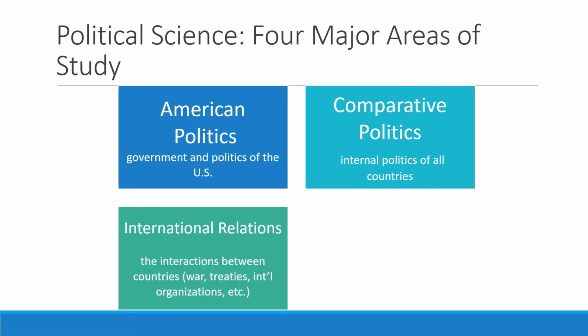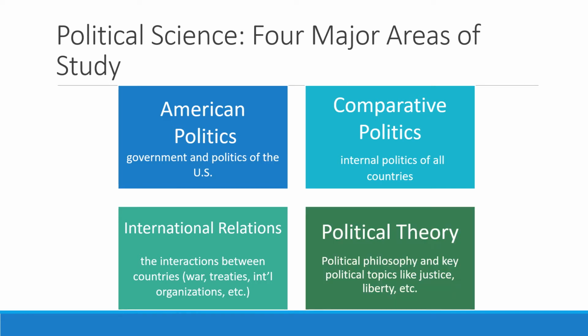The third subfield is international relations. IR, as it's often called, deals with the interactions between countries, such as war or the creation of treaties or international organizations like the United Nations or the European Union. And finally, the last category of subfields of political science is political theory.